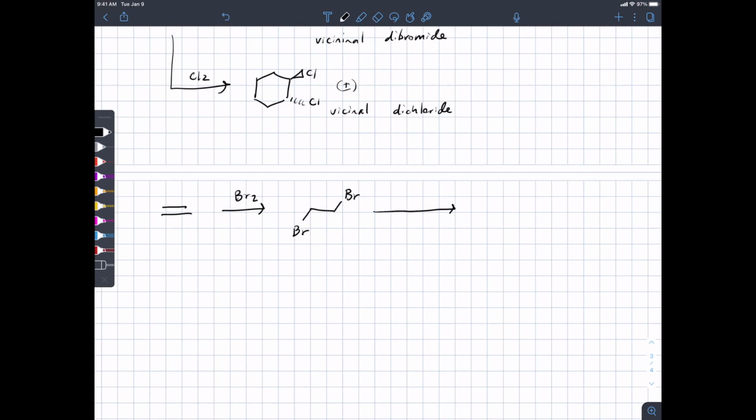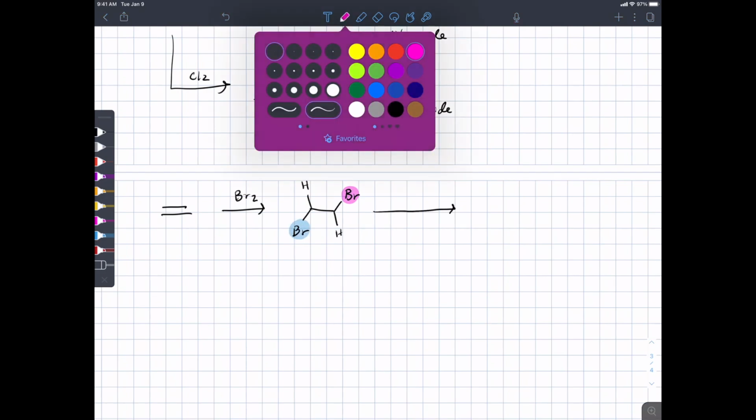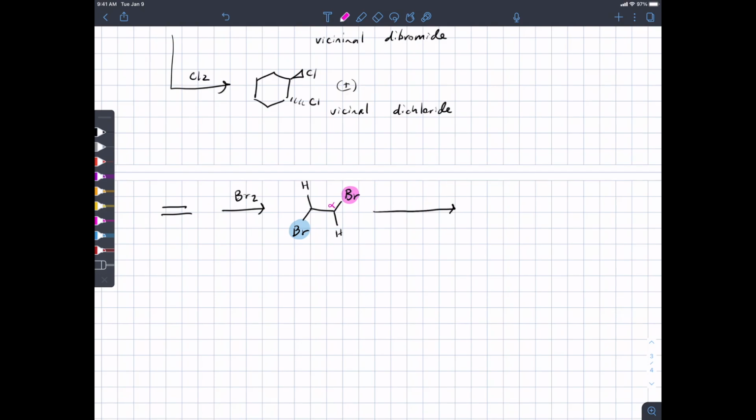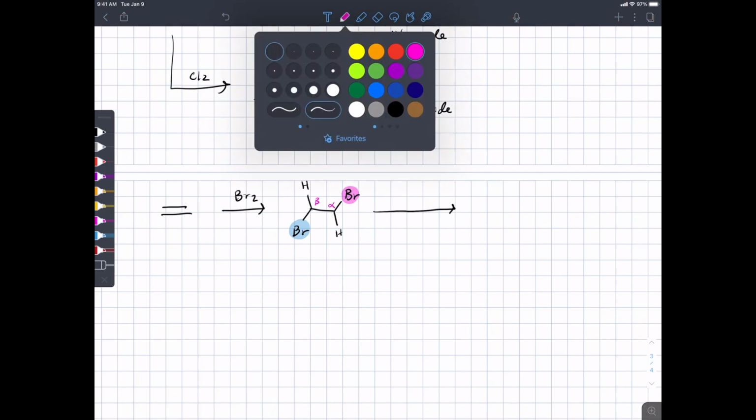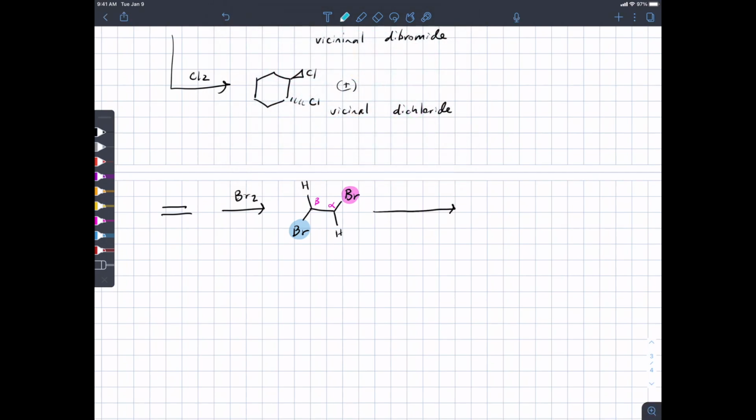Now, if I use a really strong base, and if I use enough of it, I can do some unique and interesting chemistry. So notice that this dihalide, if we'll color this bromine pink and this bromine blue, and then we'll use pink to say this is the alpha carbon to the pink bromo group, this is the beta carbon to the pink bromo group. Then we will do the same thing with the blue color. This is the alpha carbon to the blue bromo group and the beta carbon to the blue bromo group.